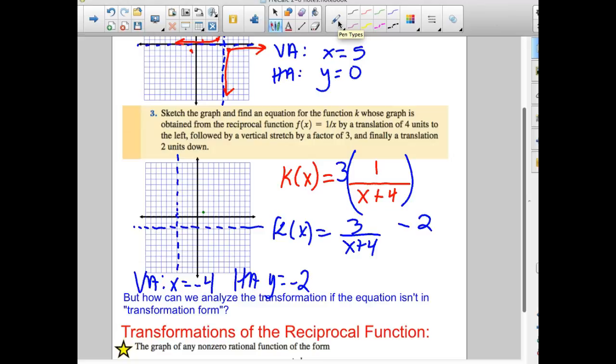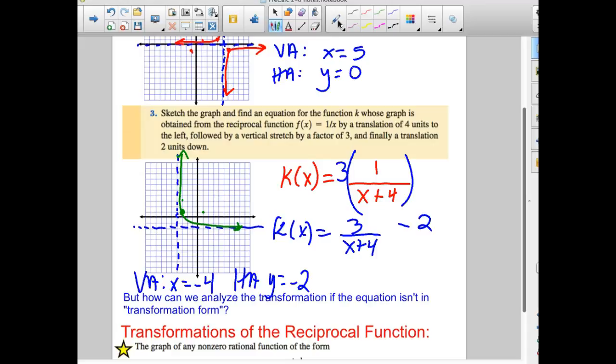We're going to stretch it by 3, and it's at a 1 right now, so it becomes 3. And then we're going to shift it down 2, and it lands here. So your branch would look like that. Instead of it dipping really close to where those asymptotes intersect, it's just pulled away a little bit.